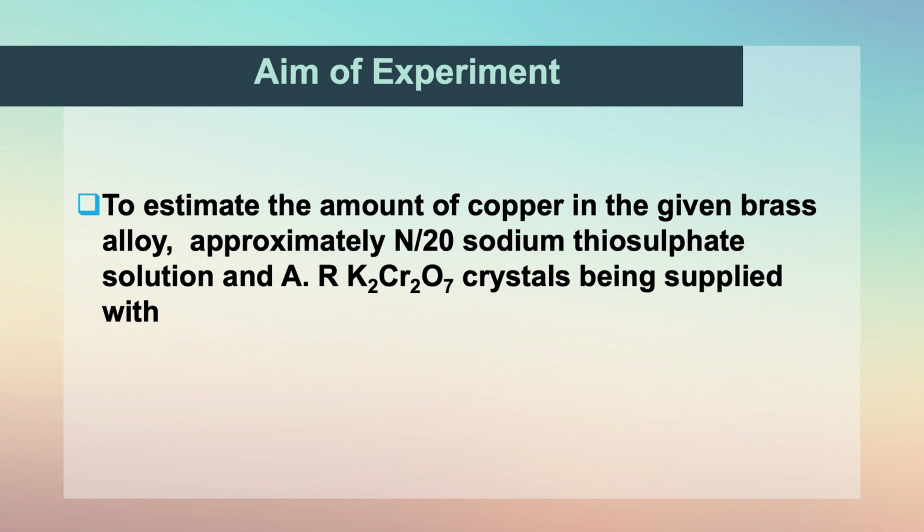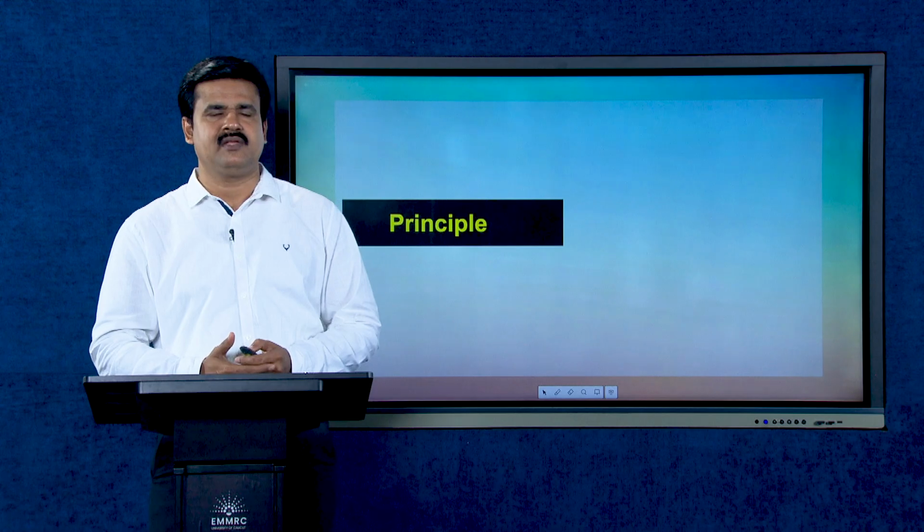For this purpose, approximately N/20, that is 0.05 normal sodium thiosulfate solution and AnalaR potassium dichromate crystals are provided. So, by utilizing these two important reagents, that is 0.05 normal potassium dichromate as well as sodium thiosulfate, you have to estimate the amount of copper present in the given brass alloy.